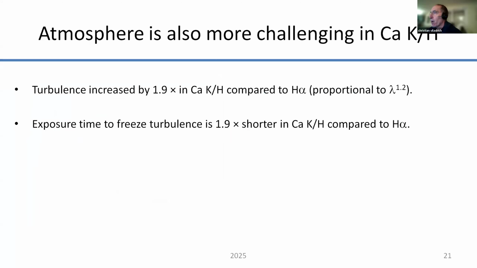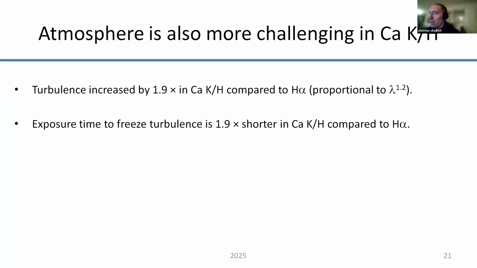So another problem, there are a lot of problems with calcium. Another problem is the atmosphere. The atmosphere turbulence depends on the wavelength. There is much more turbulence in the blue compared to H alpha, to the red.